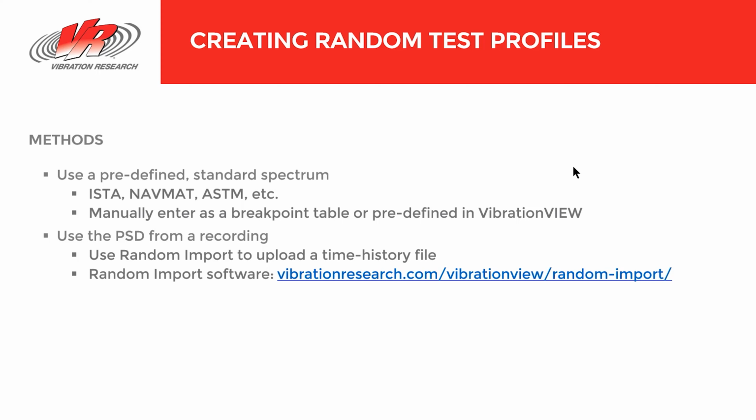We can also use a recording from the field to develop a test profile. This option is advantageous to test facilities that have recorded data and want to create a test profile that is as close to the operational environment as possible. Vibration Research's random import software automatically generates a test profile from a time history file.